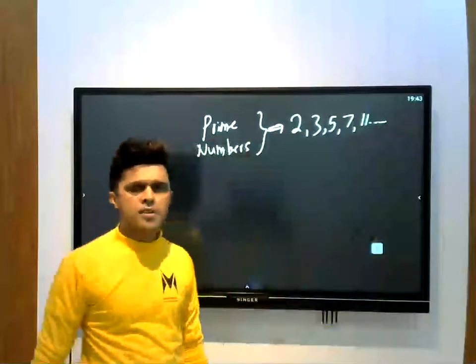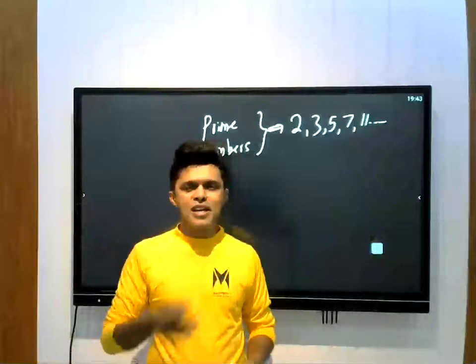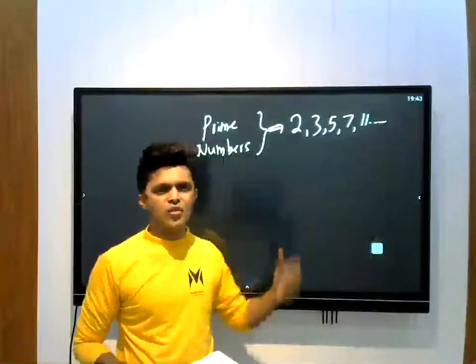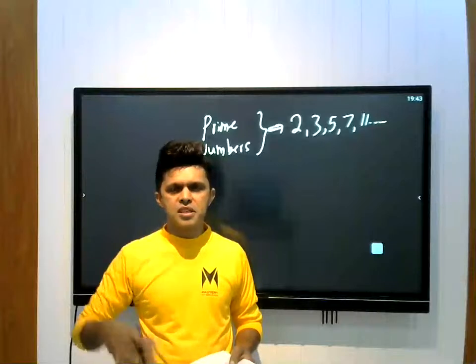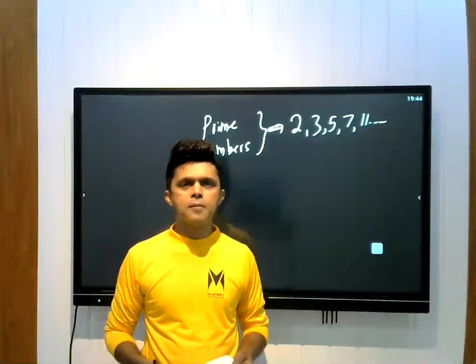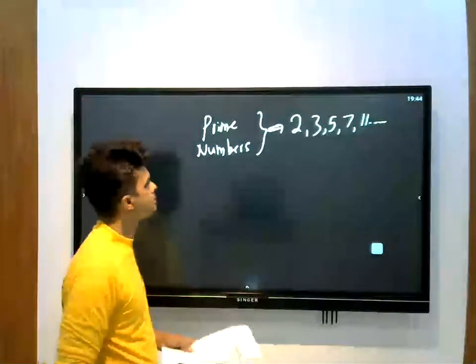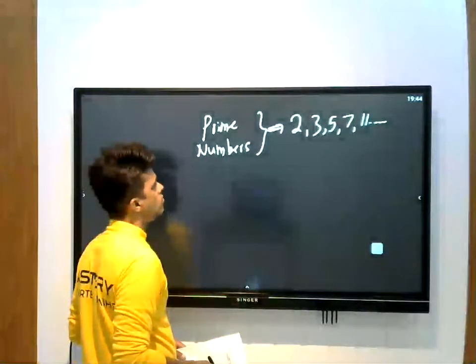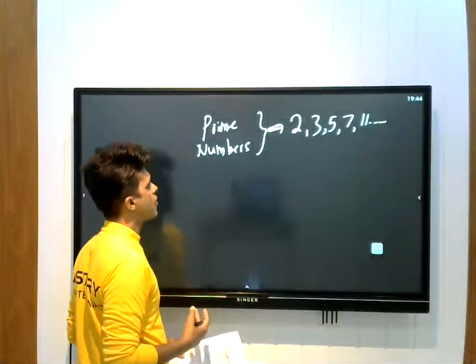The other type of numbers, in the paper, you may find a question of this type, right? So I'm reminding you of these types of numbers so that you can get an idea about these types of questions. When it comes to prime numbers, it has only two factors.